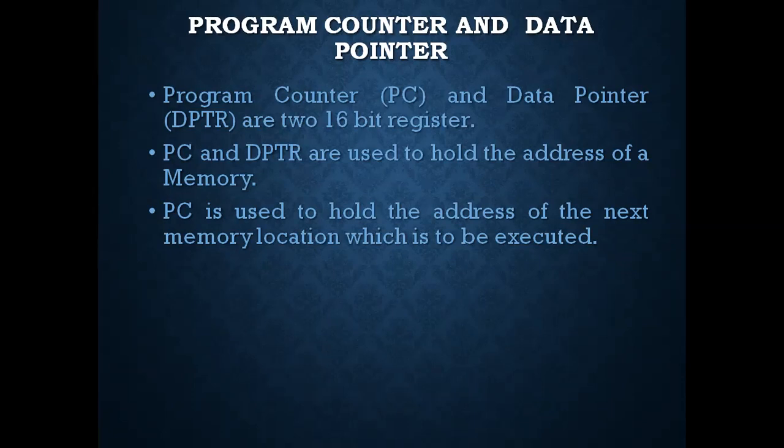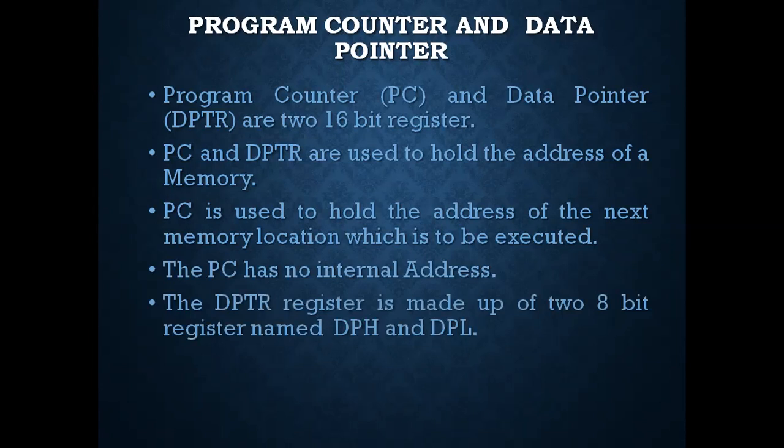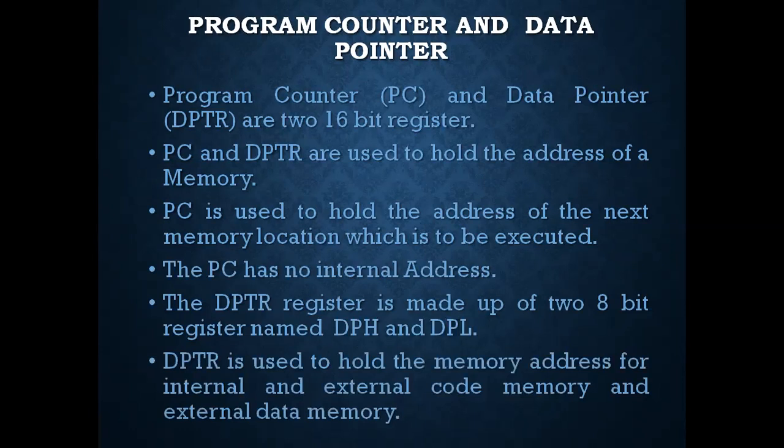This can be seen here also. Program counter has no internal address. The data pointer register is made up of two 8-bit registers, as we have already discussed. These two together form the data pointer. Now, what is this data pointer used for? To hold the memory address of the internal and external code memory and the external data memory.